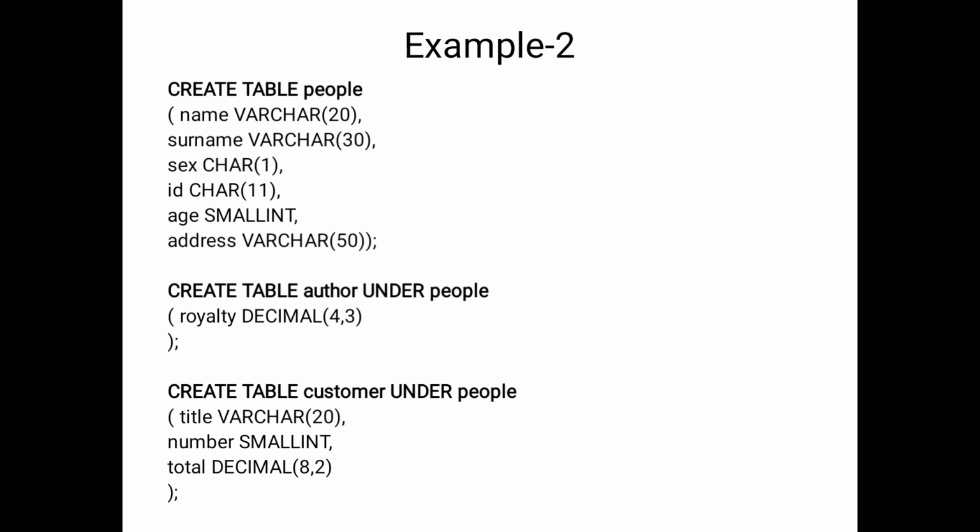Title, number, total, name, surname, sex, id, age, address. Totally 9 fields are available in the customer table. That is the importance of subtable and supertable. Okay, this facility is available in SQL3. Okay, this is the information of subtypes, supertypes and subtables, supertables.